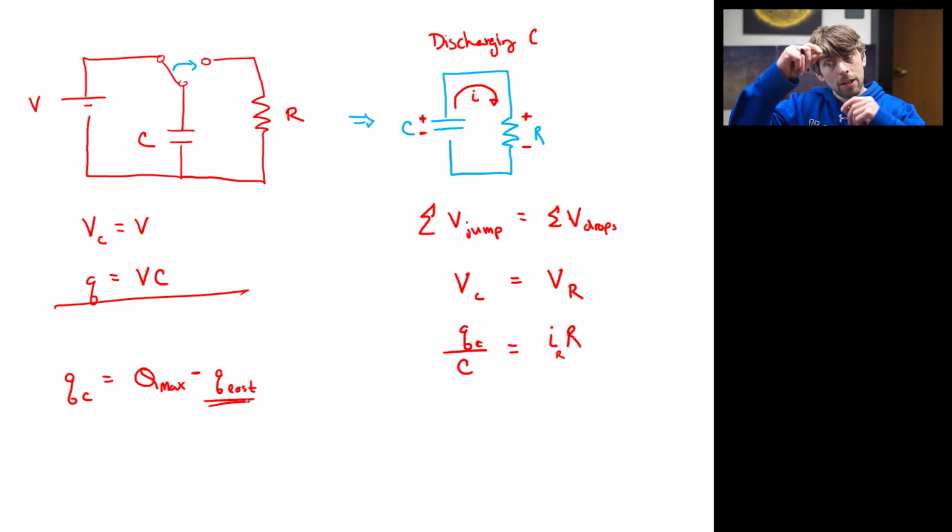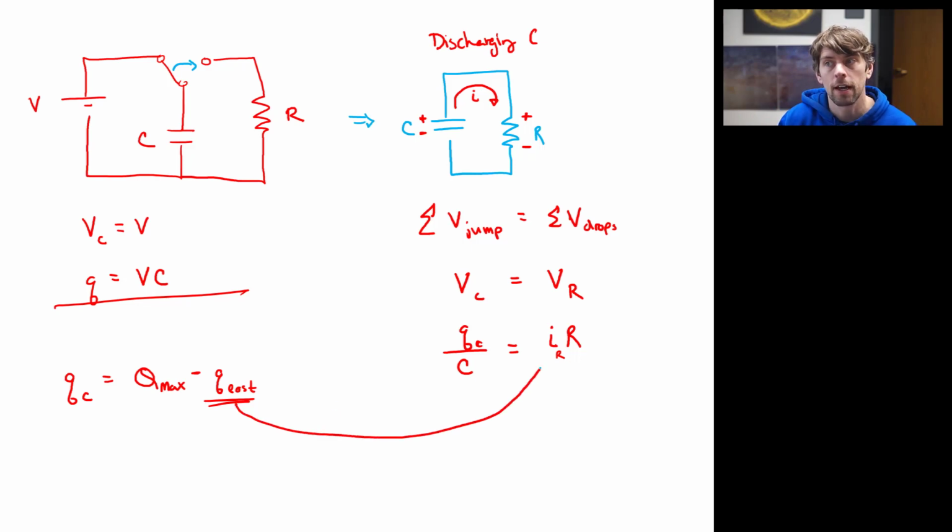Good. It got removed from the upper plate and traveled through the resistor to recombine with the bottom plate. In other words, this charge that has left the capacitor is responsible for the current I in my equation. So we have to be careful: Q_C and the current I refer to slightly different charges.